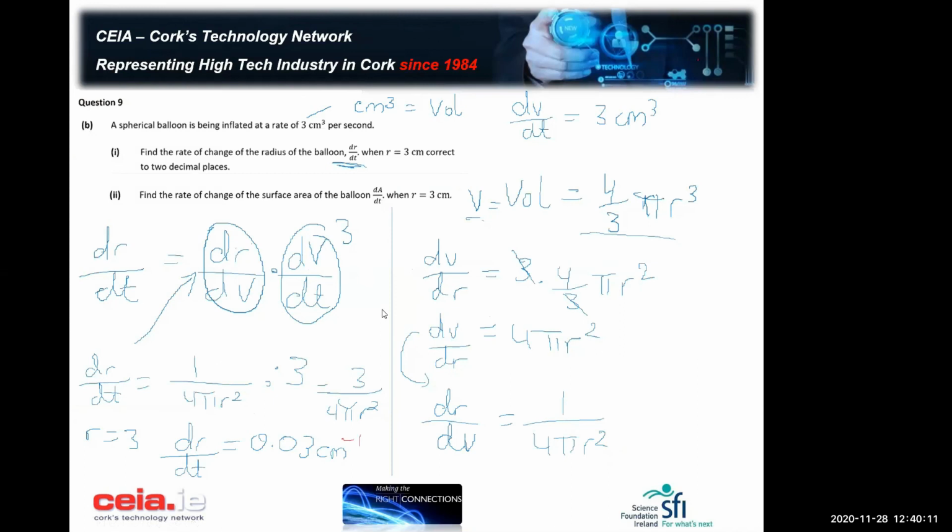Okay, so that's the first part. The second part is, what is the rate of change of the surface area, which is dA/dt, when r is 3? So what's the surface area dA? Where do we have a formula with regard to A? What's the surface area of a sphere?